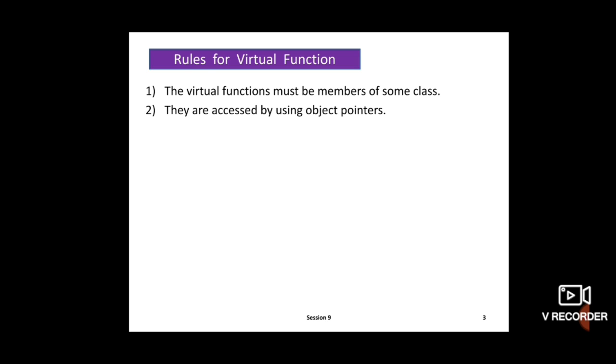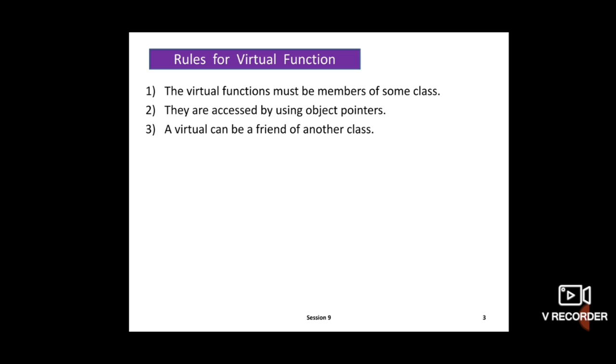They are accessed by using object pointers, means you can create a pointer to an object of the base class. Now how to declare and access the object pointer, see in the next slide.